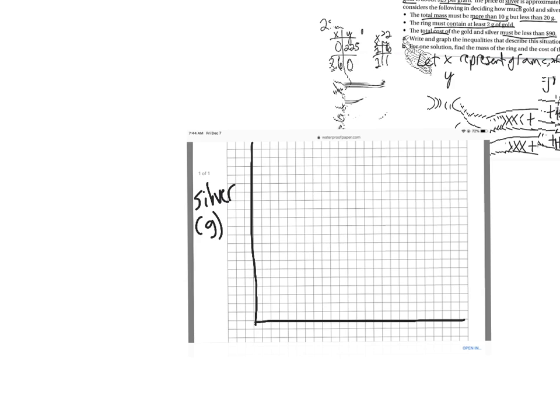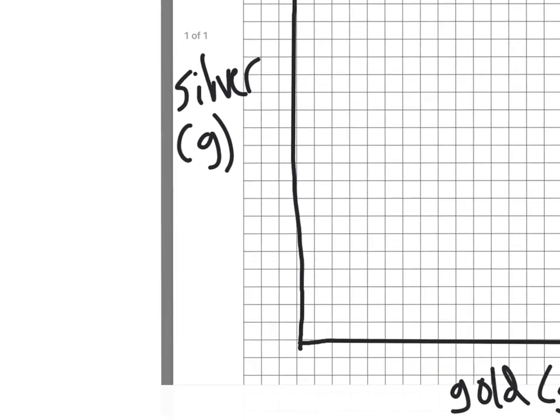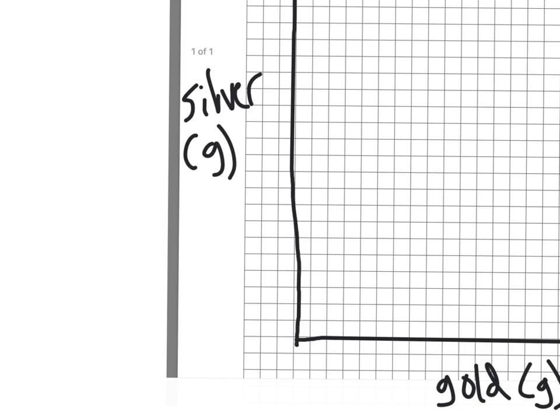So silver grams and gold grams. For the y, if I go by 25s, I need to mark that off.